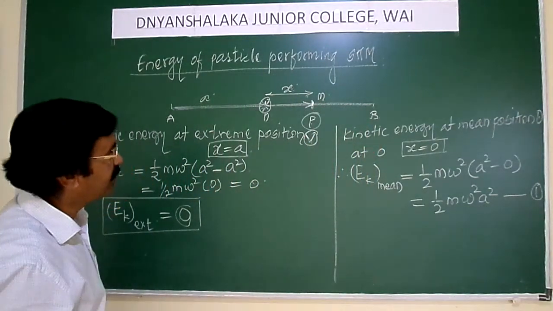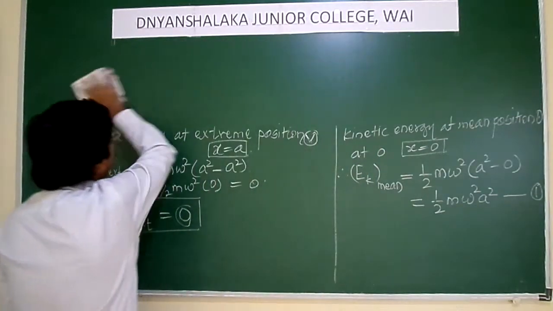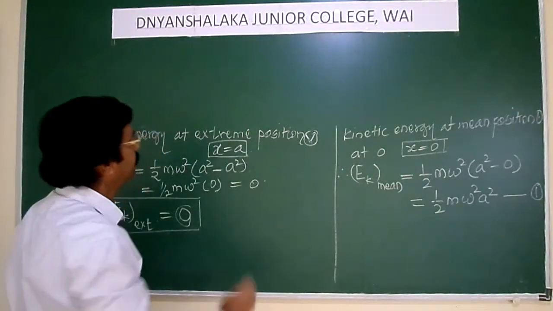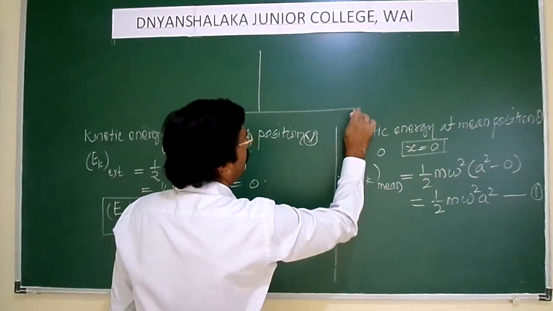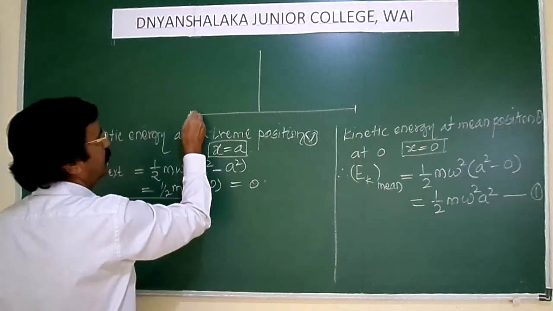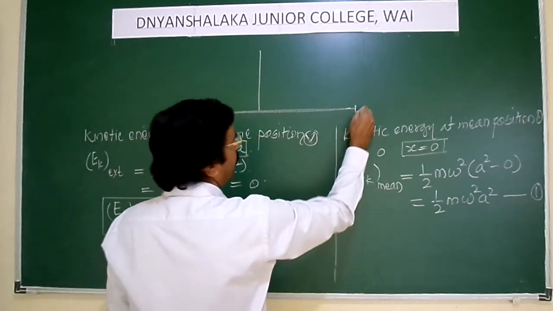And so if we try to display this in graphical terms, say this is A point, this is B point.